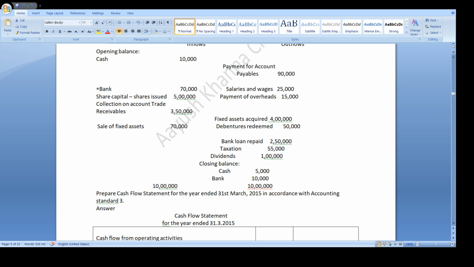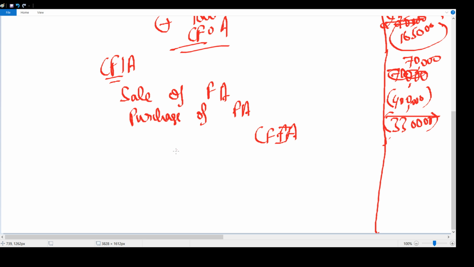So, cash from financing activities. Dividends was of how much? Not dividends, 1 lakh dividends paid.